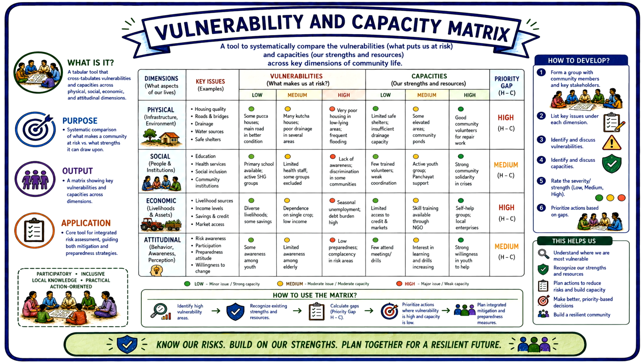The matrix identifies factors that increase disaster risks such as weak infrastructure, poverty, limited awareness, or environmental degradation, alongside existing strengths like skilled volunteers, local knowledge, emergency resources, and community organizations.